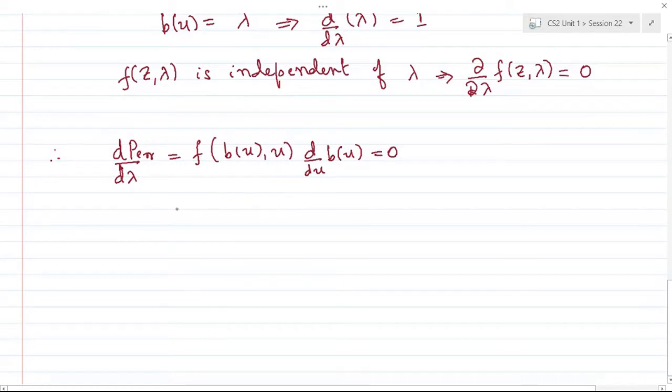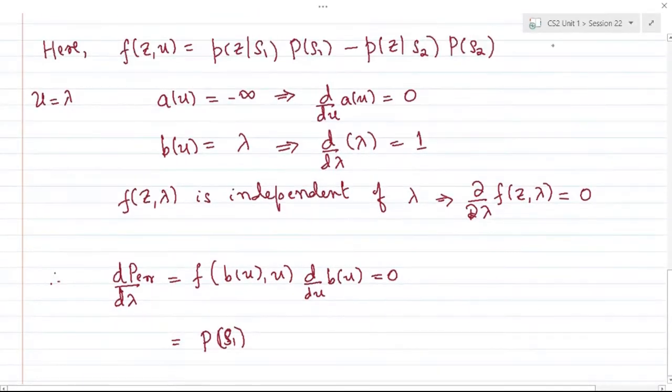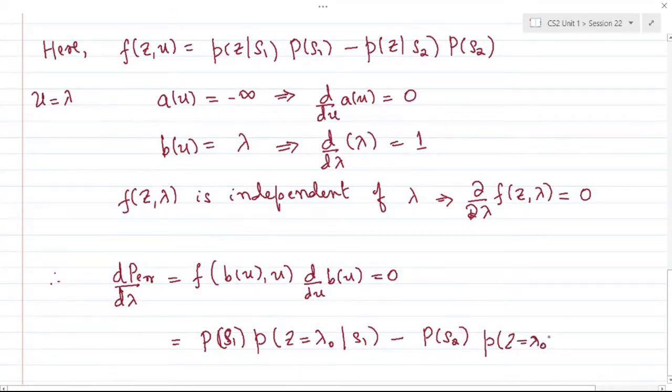We should substitute b of u in place of z, which can be written as p of s1 times p of z given s1, where z is equal to a constant, say lambda naught, for which we will get the probability of error as minimum, minus p of s2 times p of z at that value lambda naught given s2, which should be equated to 0.